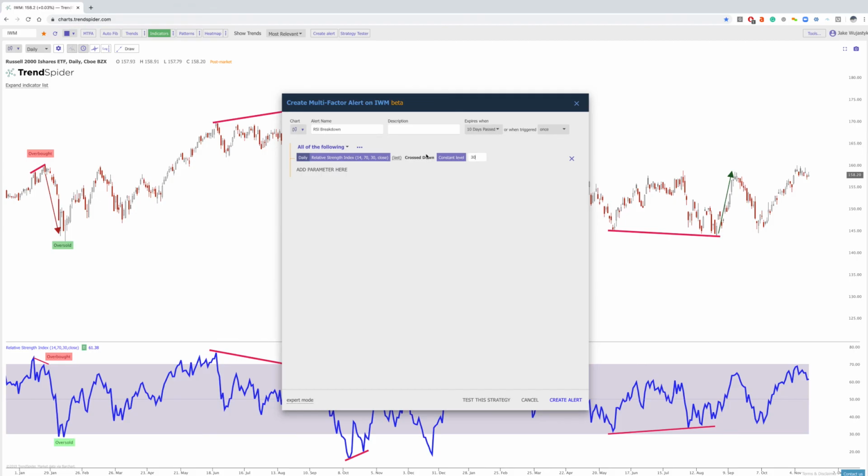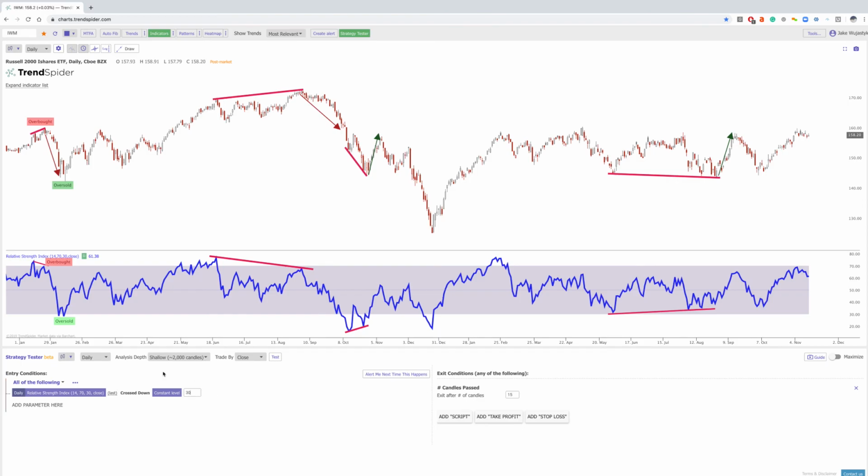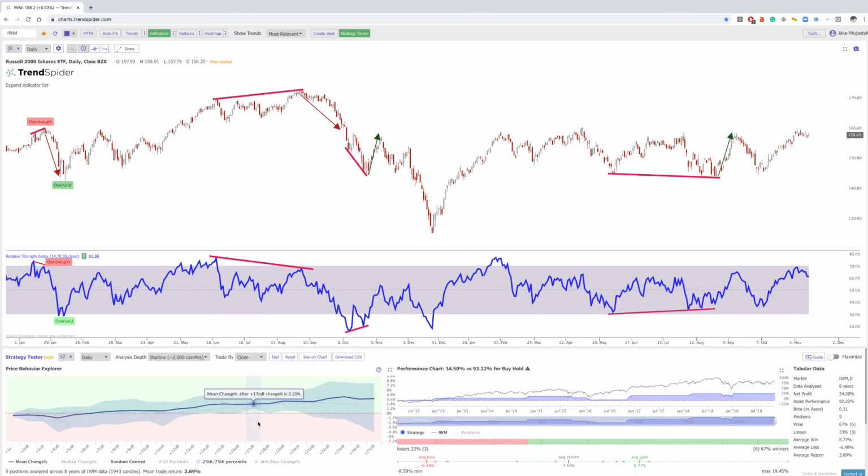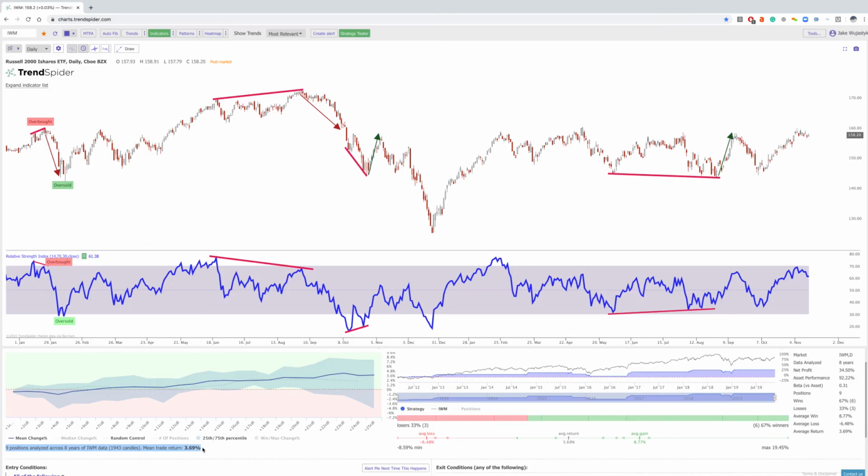Now, the cool thing about this is you can actually test this strategy before creating the alert. If we test this as an entry condition, we'll see here the entry condition is the RSI crossed down through 30. And let's test that after 25 candles. So anytime the RSI breaks down through 30, what's the return after these 25 days? If we go and test that, you'll see that the average return over 9 positions analyzed is 3.96%.